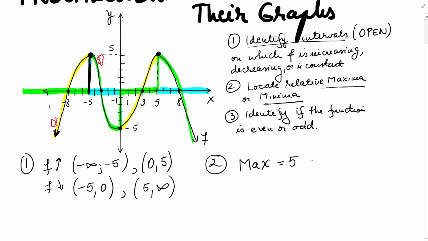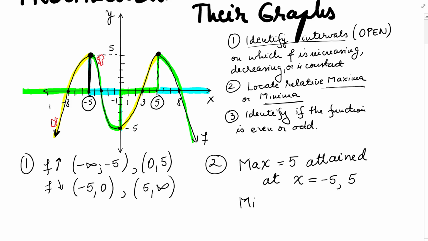So the maximum is 5, attained at x equals, so where did that maximum occur? At this -5 and at this 5. The x values were 5 and -5, but the maximum value was just 5.